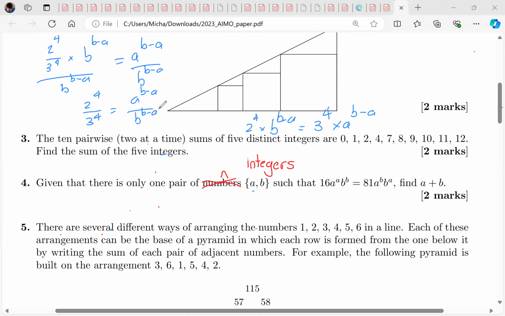And you can see with these exponents, since they're the same, this is the same as 2 on 3 to the 4 is equal to a on b to the b minus a. Right, so basically this is what our equation is equivalent to. Can we see it? Do we understand how we got there?